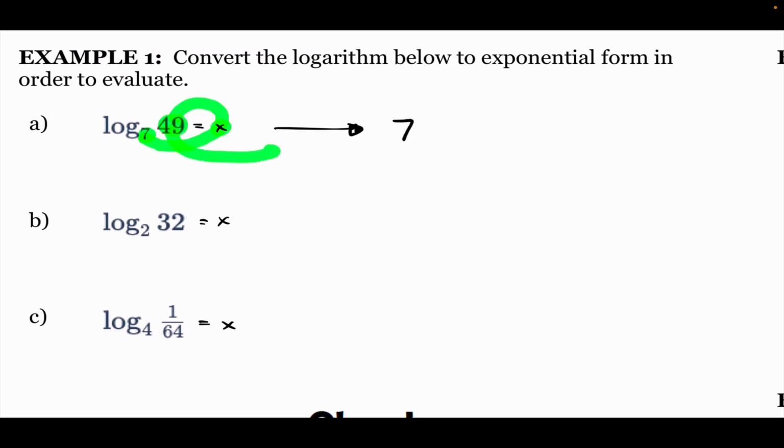So 7 to the x power equals 49. What's the missing power? 7 to what power makes 49? 2 squared, right? 2. 2 is the missing part.